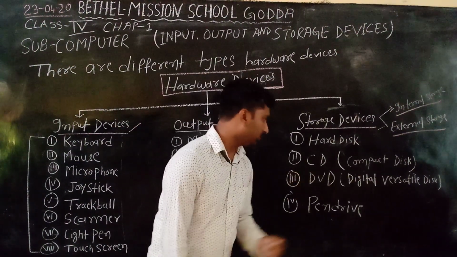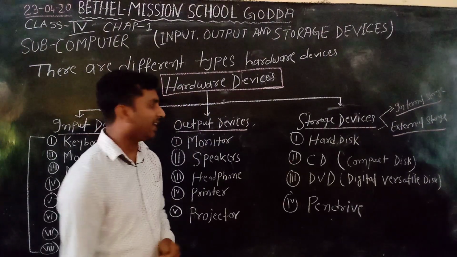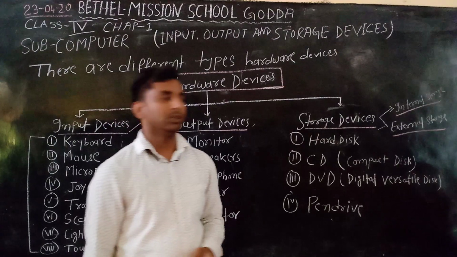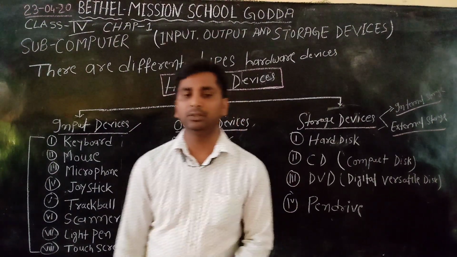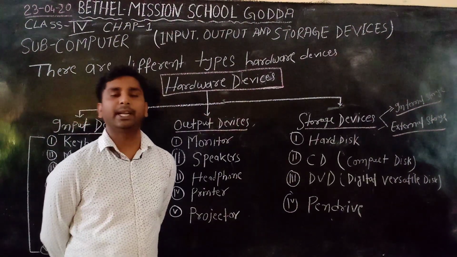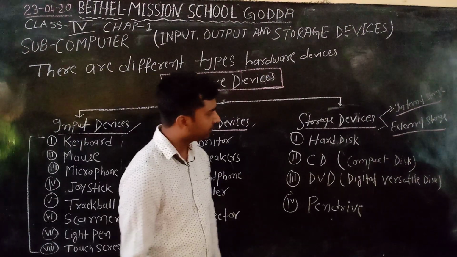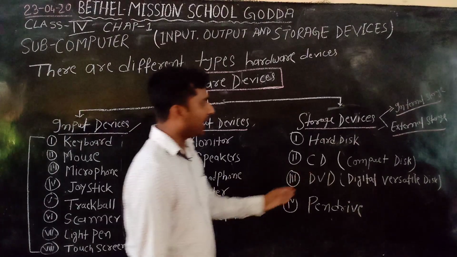Now next is a CD. CD stands for compact disc. A CD is flat, round shaped and shiny.